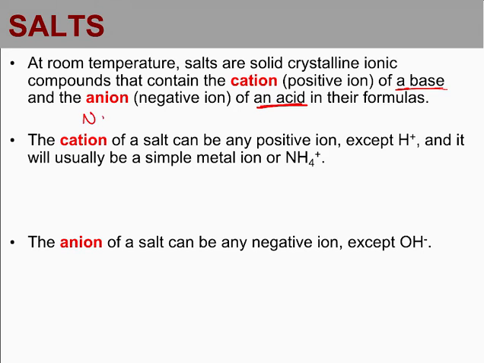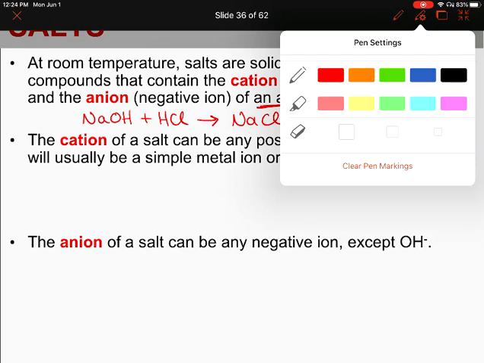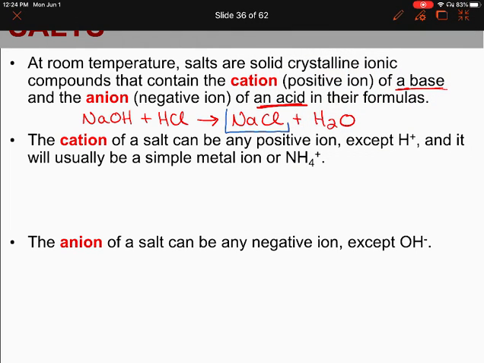So NaOH, for instance, reacting with HCl, produced NaCl and H2O. So this is our salt, sodium chloride, and the sodium came from the base, and then the chloride came from the acid. So sodium is our cation, it's positively charged, and it came from the base, and chloride is an anion, it's negatively charged, and it came from the acid.